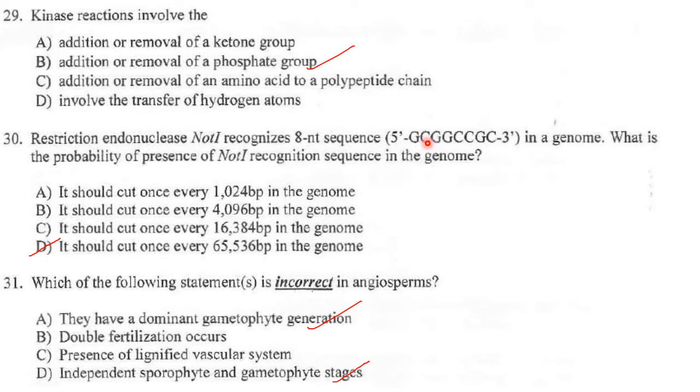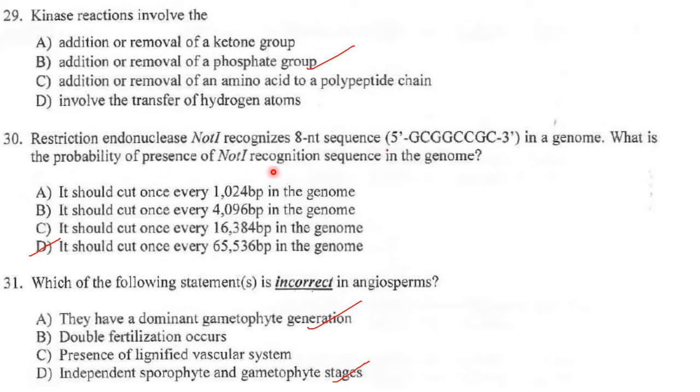Then C will also be 1/4. The third position G is also 1/4. Fifth position G also 1/4. Sixth position C is 1/4. Then this C is 1/4. So all are 1/4. So you will get a total of 1 by 4 raised to 8. So what is the probability of the presence of NotI?